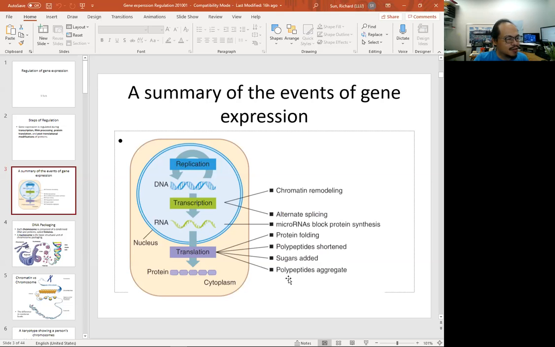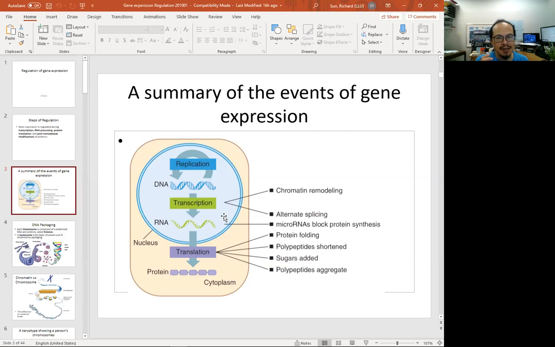And then we can also have polypeptide aggregation, so this peptide can be aggregated and then we can form different proteins. So this is not just stop or start, kind of like brake or accelerator.